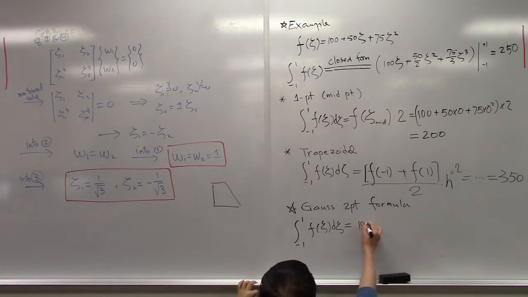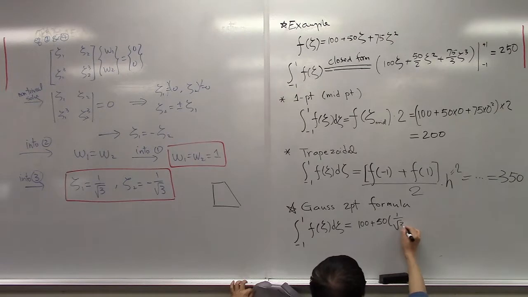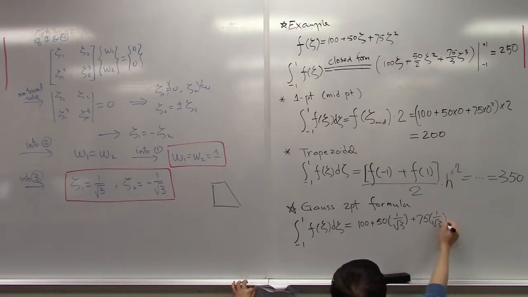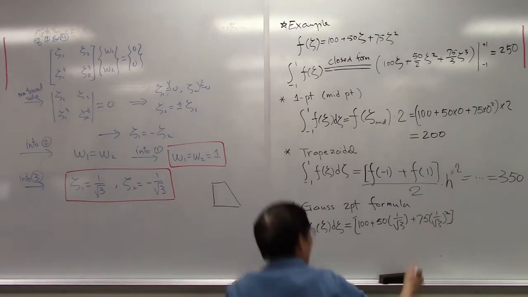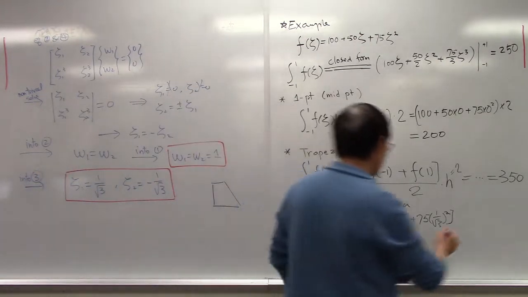So it's 100 plus 50 times 1/√3, plus 75 times (1/√3) squared. This whole thing is times the first weight, W, which is 1.